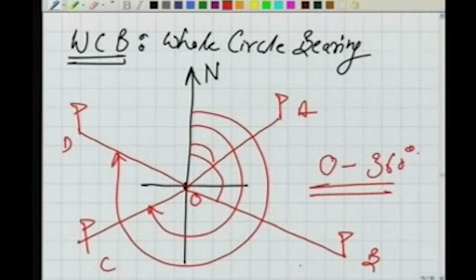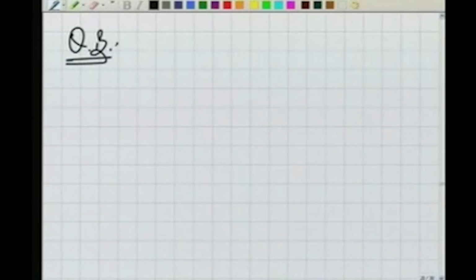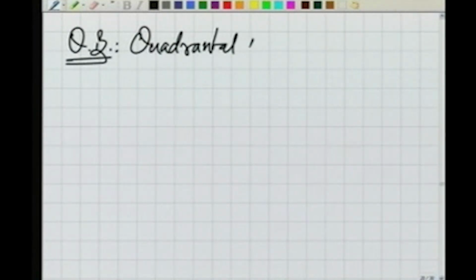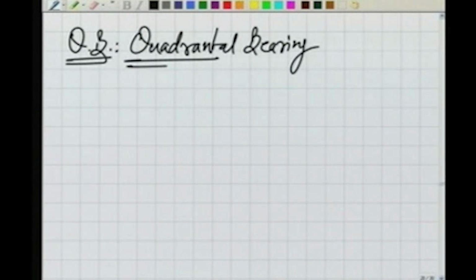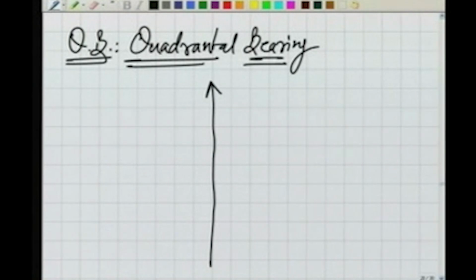That's the one system. The second system is QB, which stands for quadrantal bearing. Now what the system is, again here in this case, let us say this is the magnetic meridian.